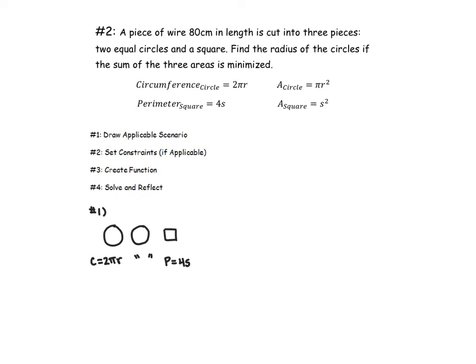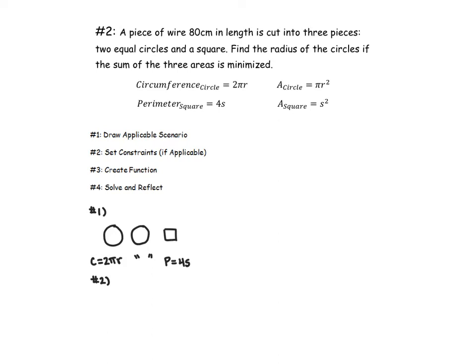So you can see what we're working with here, right? We're working with 2 circles, their perimeters, and 1 square, its perimeter. Now in number 2, the constraints that I'm working on here aren't necessarily that r has to be a certain length. I don't really care about the constraints on the variables.